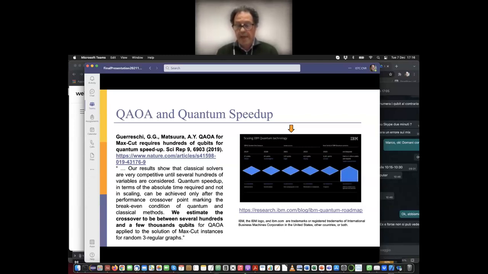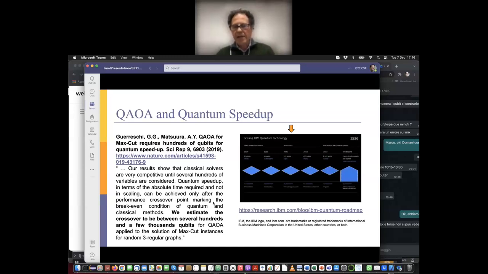We will see a circuit to solve the max-cut problem, for example. And the conclusion was, okay, we will be able to be better than a classical computer when the number of qubits of a quantum computer will be around 1,000 qubits.